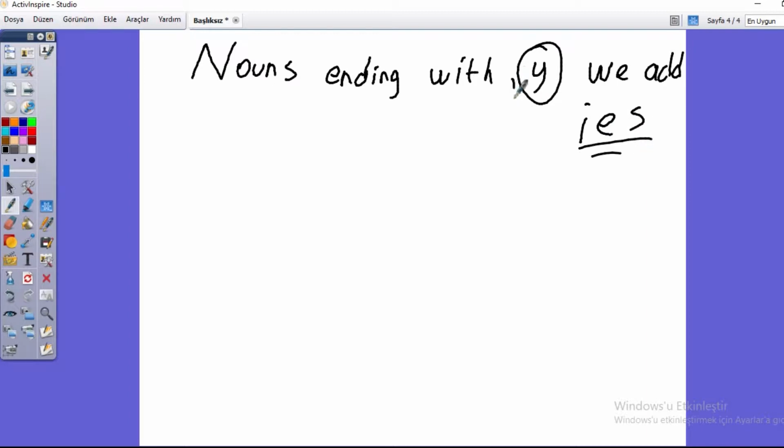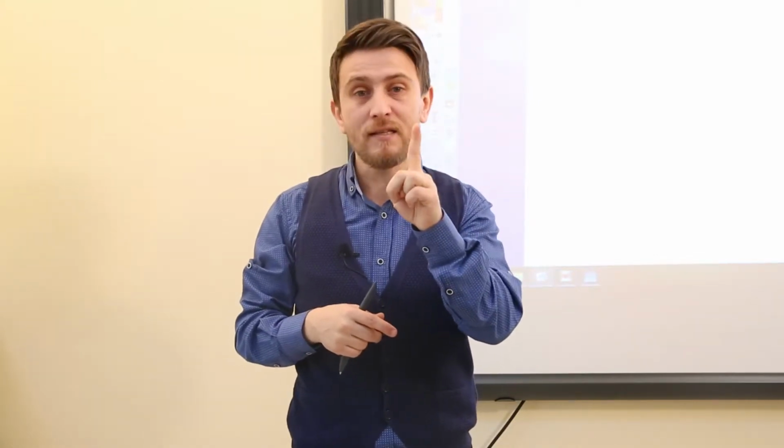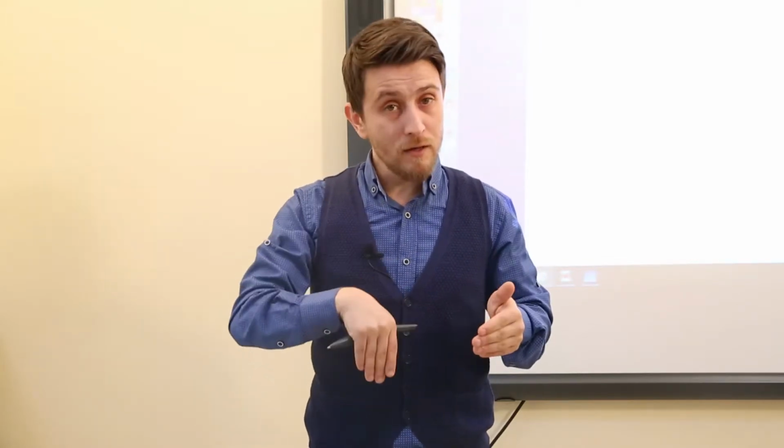But here the y drops. Let's give some examples. A baby, plural form, babies. A city, plural form, cities. So here, the consonant letter y drops and we add ies.